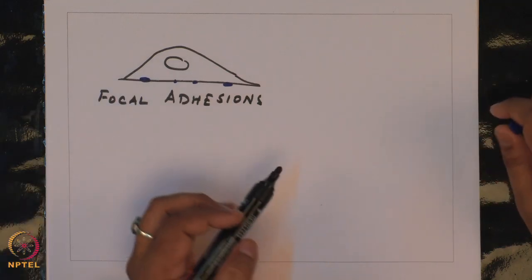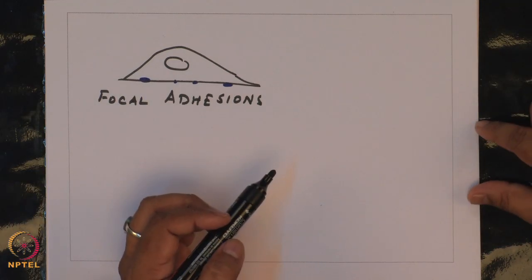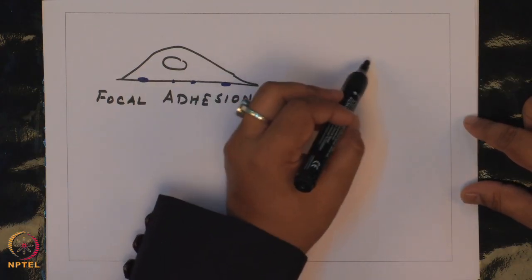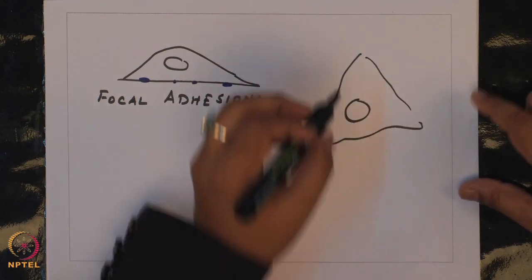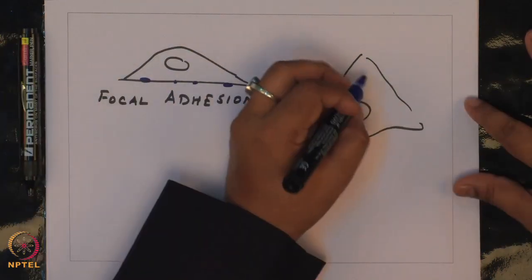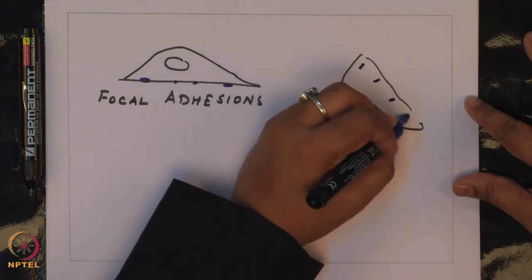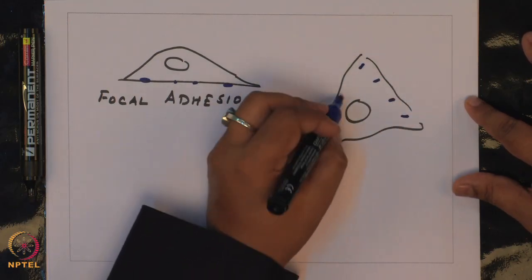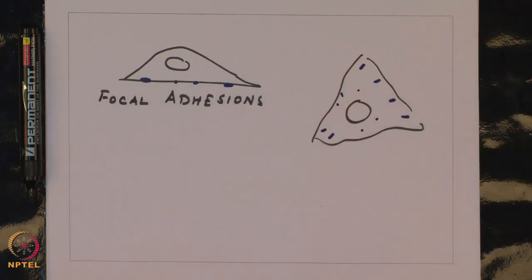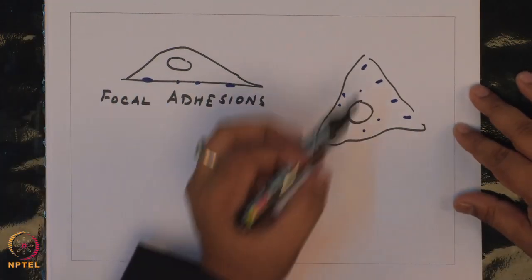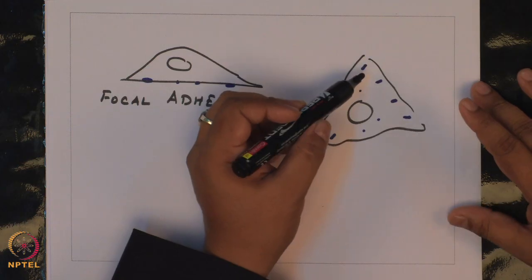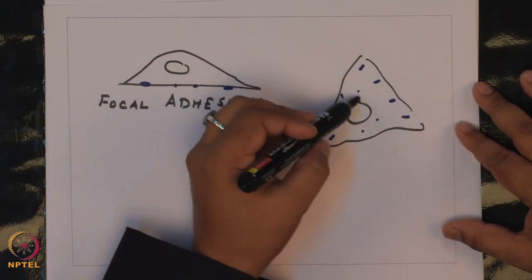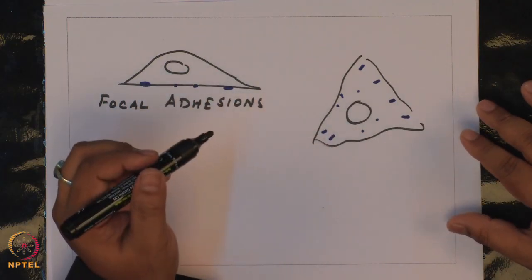If you take an image of cells with focal adhesions in top view, let us say this is a cell, you would have these adhesions spread across. What you see is that I have drawn the focal adhesions such that some of them are in the periphery of the cell, which are relatively bigger in size, and towards the center of the cell I have just drawn them as dots. Okay.